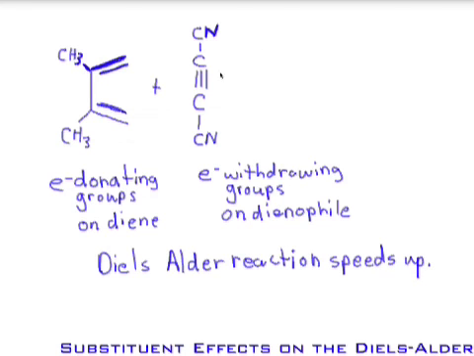This suggests that the dienophile is acting as the electron acceptor, because electron withdrawing groups would help it accept electrons. This suggests that the diene is donating electrons from its pi system because the electron donating groups would push electron density. Right? So overall, electron donating groups on a diene will speed up the reaction. We could put electron withdrawing groups on the dienophile. That would speed up the reaction. Putting it on both would certainly speed up the reaction.